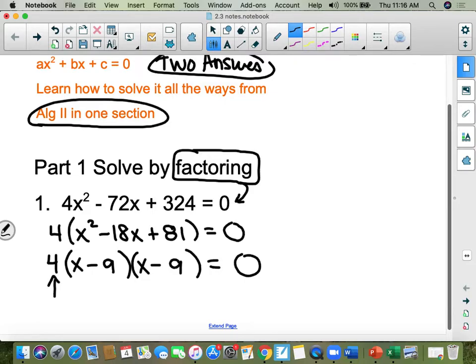Notice that this one does not have an x attached to it, so you don't have to set that one. I just have to set x minus 9 equal to 0, and I set x minus 9 equal to 0. And it just so happens that with this problem, you get the same answer. But remember, you need to get 2 answers because a quadratic equation has 2 answers. It just so happens that they're both 9.